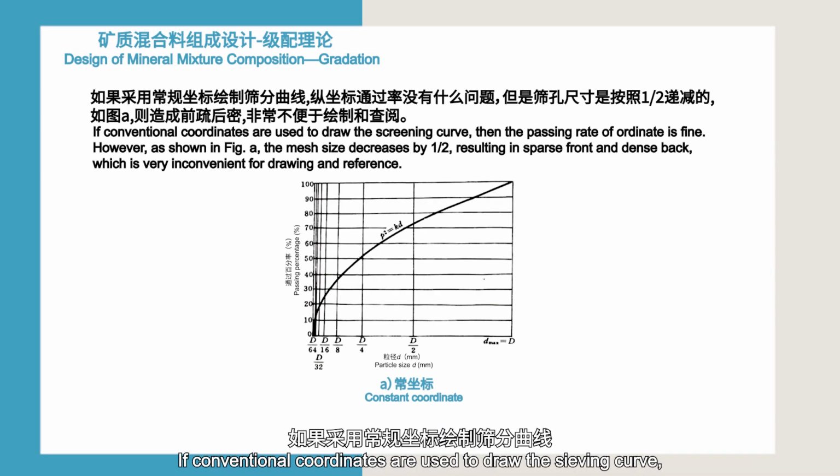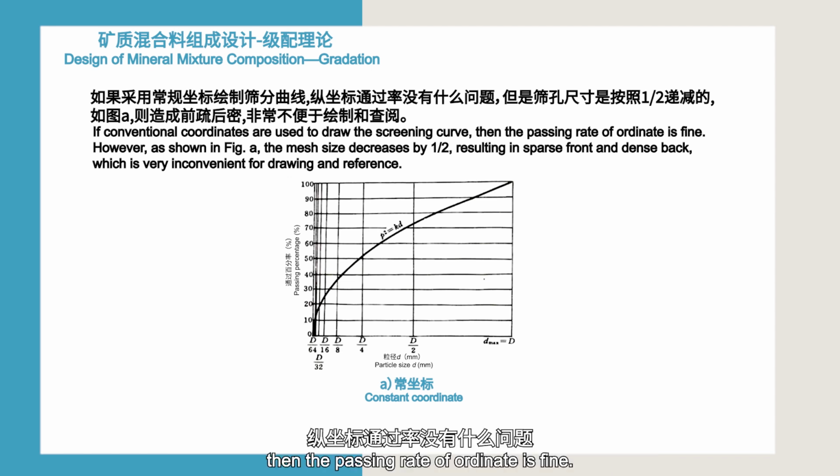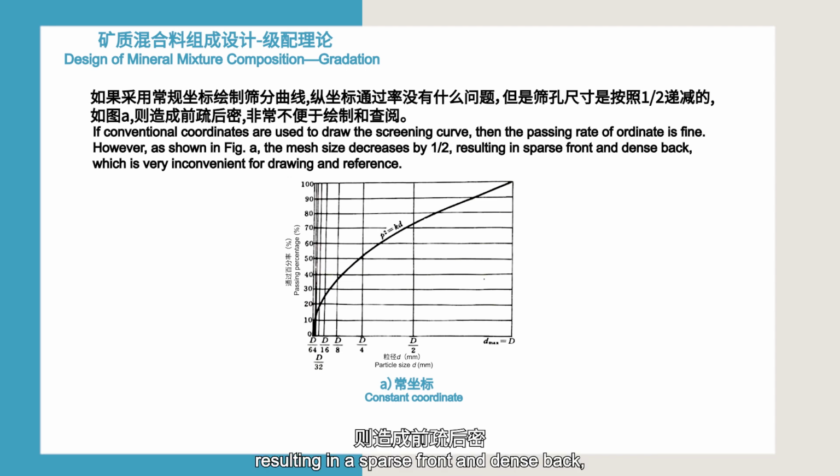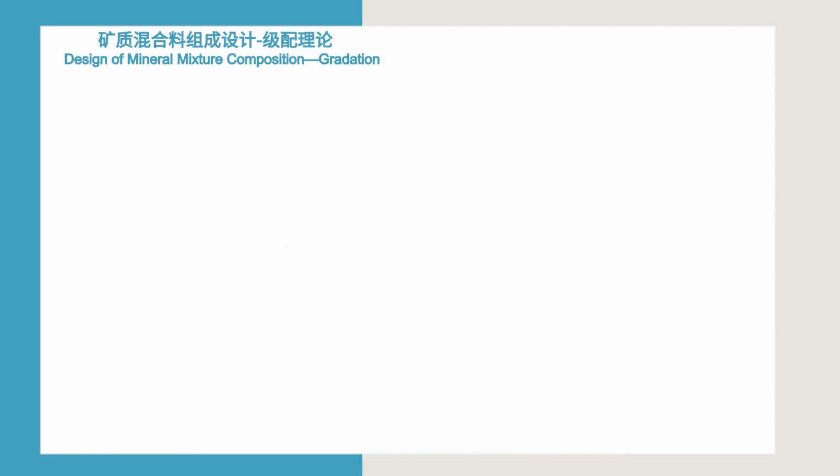If conventional coordinates are used to draw the sieving curve, then the passing rate of ordinate is fine. However, as shown in Figure A, the mesh size decreases by half, resulting in a sparse front and dense back, which is very inconvenient for drawing and reference.